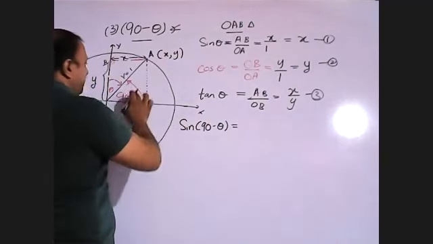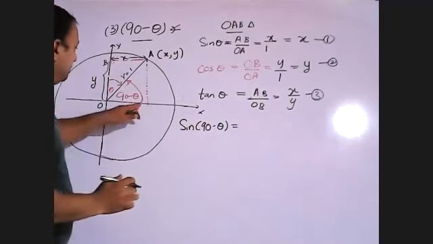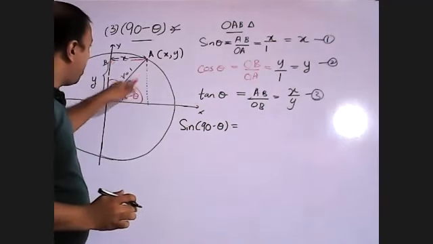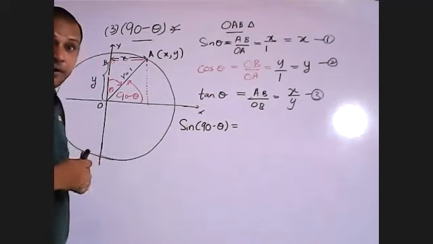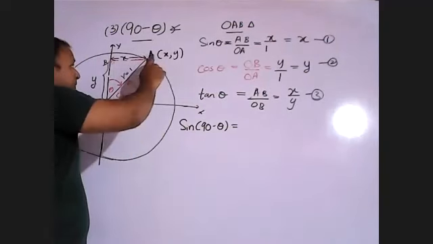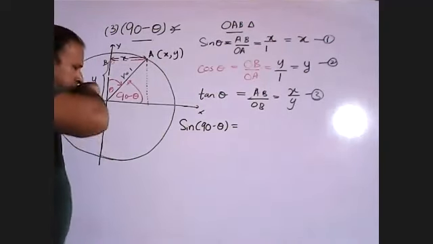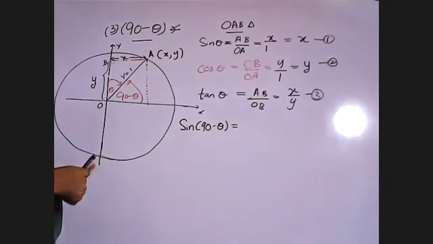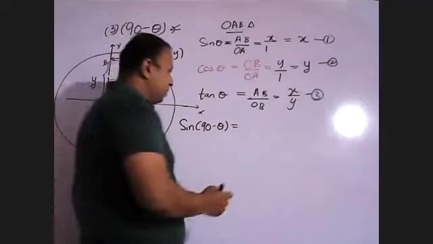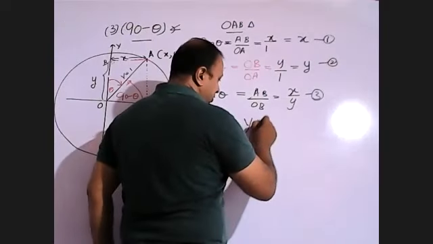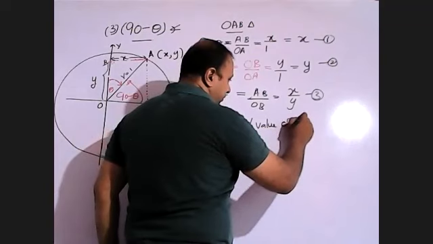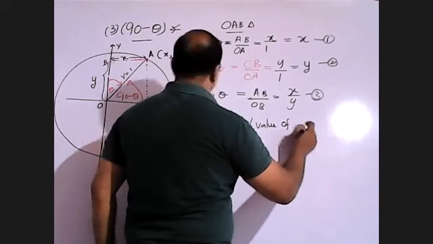So sine 90 minus theta should be equal to the y value of the corresponding point. In this case, the corresponding point is A. So that is equal to the y value of point A.